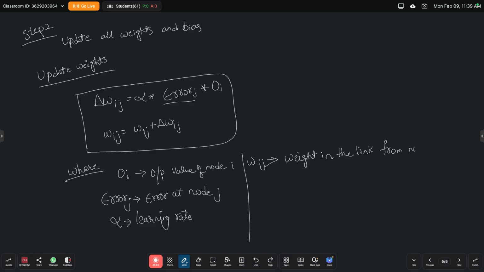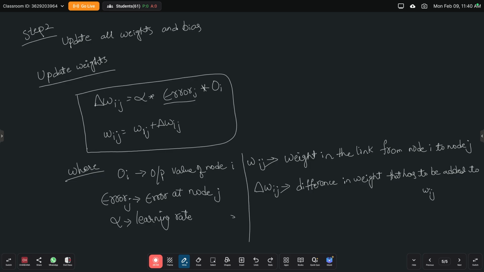Next, delta wij is the difference in weights that has to be added to wij. This is about how to update the weights.